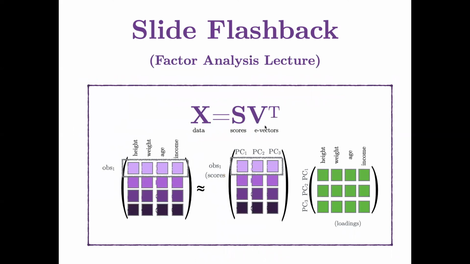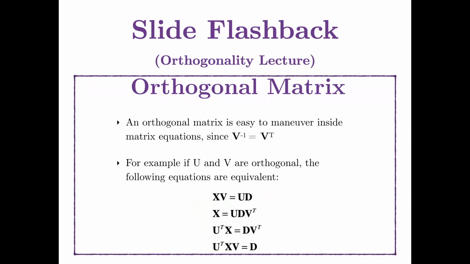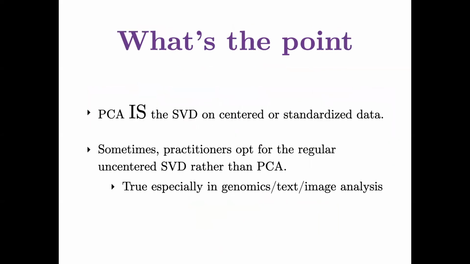V is orthogonal, so if I multiply both sides of this equation by its inverse, V transpose is orthogonal, so the inverse is V. If I multiply both sides on the right by V, I get this equation. So it all connects through the orthogonality back to the SVD. And the main point I want you to be picking up on here is that principal components is the SVD. It's the singular value decomposition on centered or standardized data.